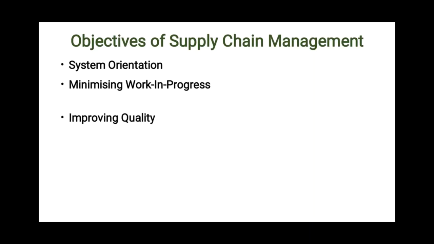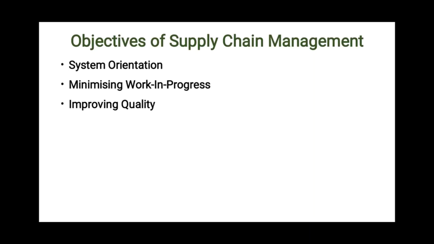The fourth objective is improving total quality management, which is the main part of operations in SCM. So an efficient supply chain helps in improving the quality of operations of the organization.